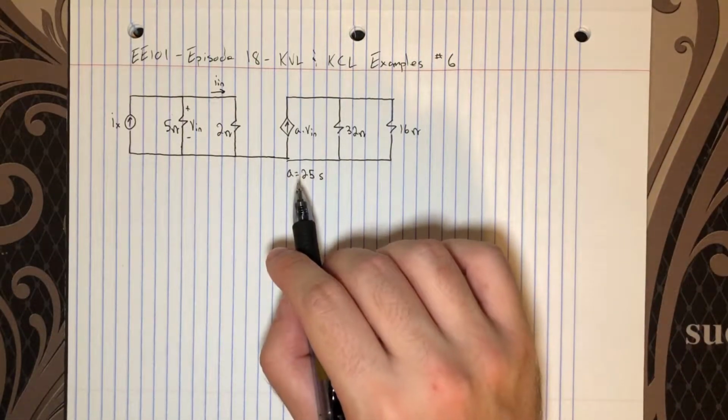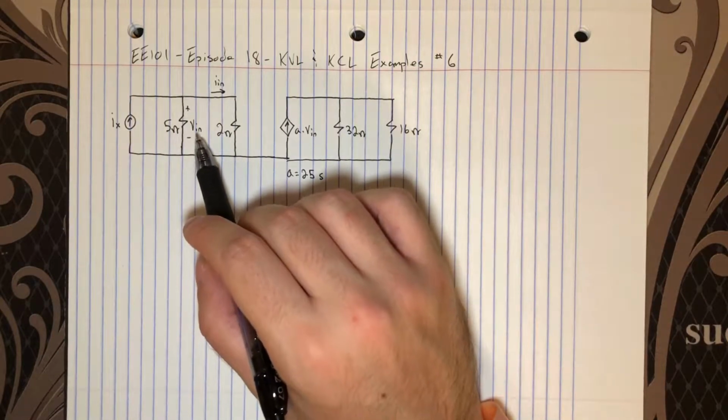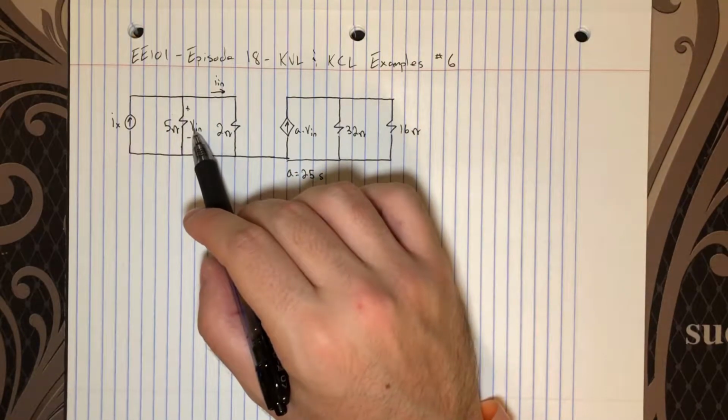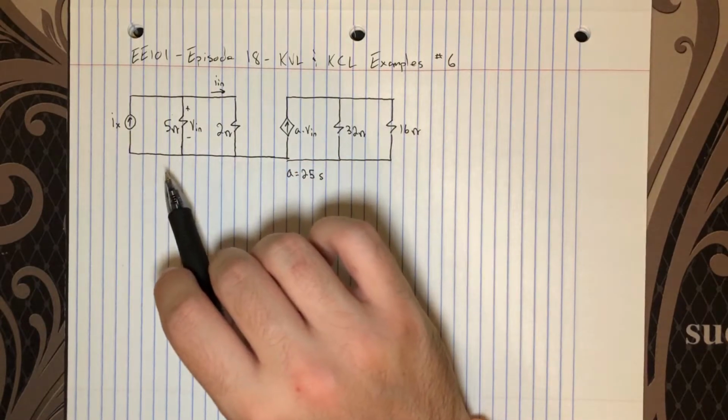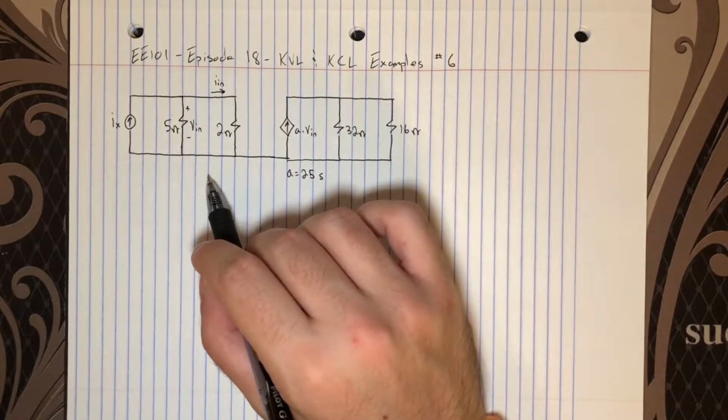You might be asking, this is a little peculiar, why did I choose to label these voltages and currents Vn and In? The reality is this circuit is actually modeling a real system.